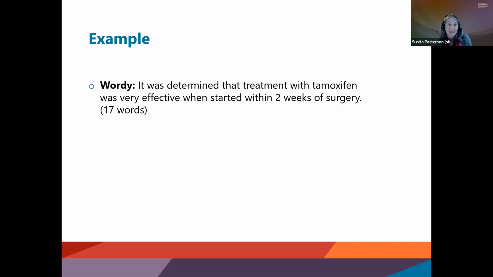But we'll be sending out the slides afterwards, so you could definitely check those out and see some great examples of how to reduce words. But I'll just zip through a couple of these points.